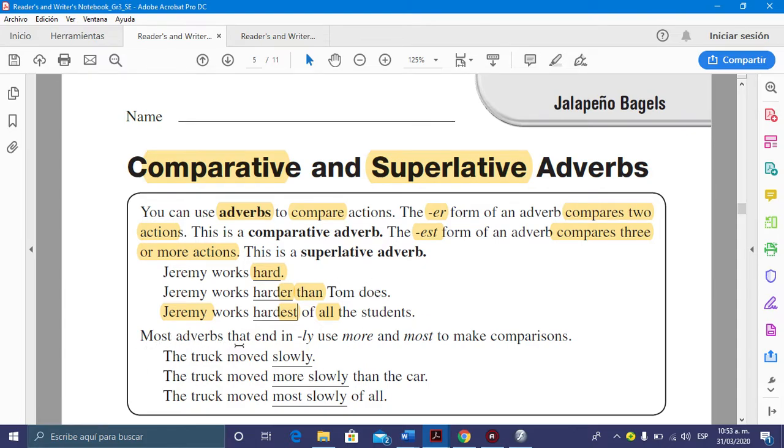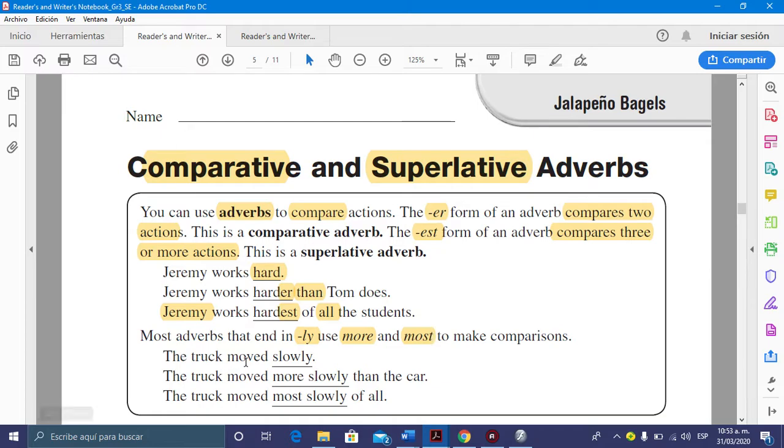Most adverbs that end in ly, do you remember these words with ly? Horribly, beautifully, happily, all the words that have ly use more and most to make comparisons, to compare.